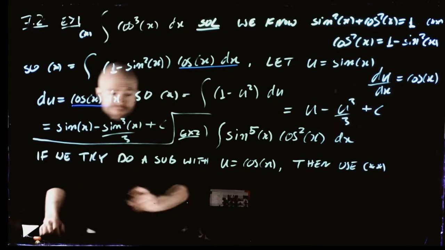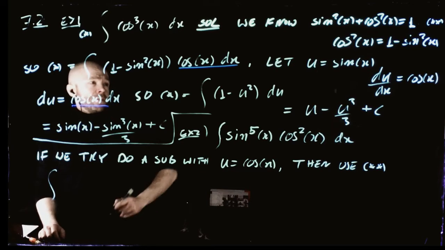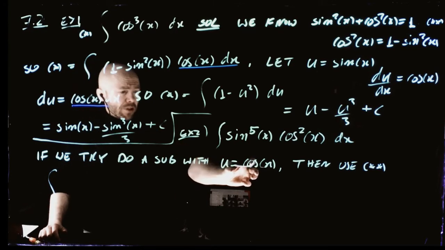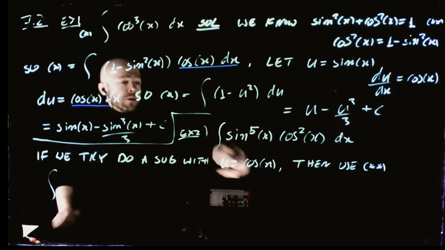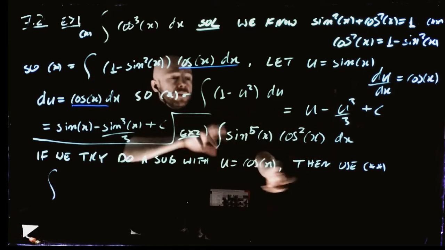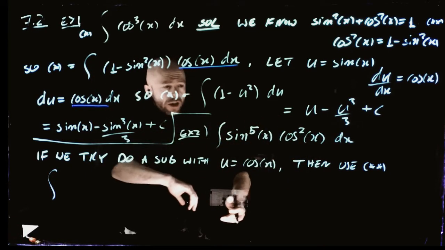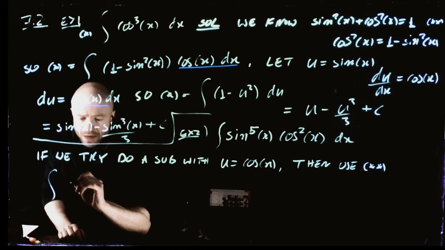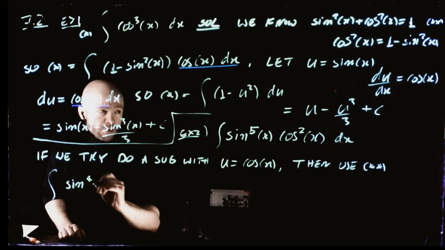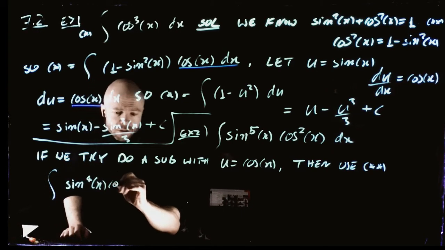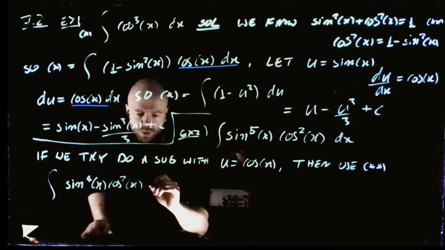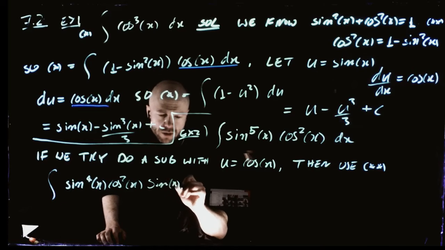What happens? If we're trying to do a u sub with cosine, we want to turn as much of this as possible into cosine and just have one sine at the end. So let's write this as sine to the power 4 of x, cosine squared of x, and let's put 1 sine of x right here, dx.